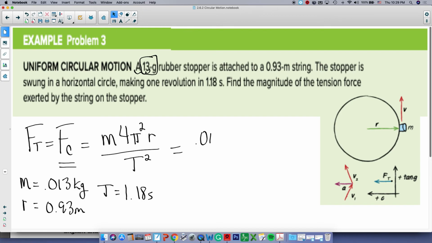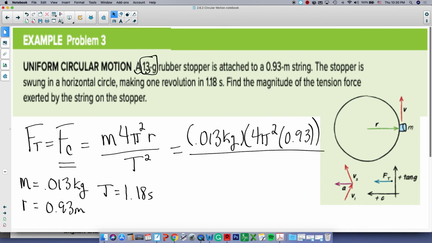Okay, so 0.013 kilograms times 4 pi squared times r, all over 1.18 squared. I forgot my labels on my 0.93, that's fine. Okay, so let's put all that in our calculator. You can just go from left to right.